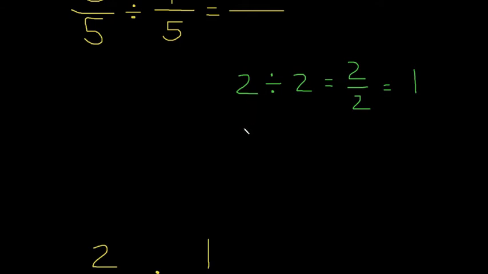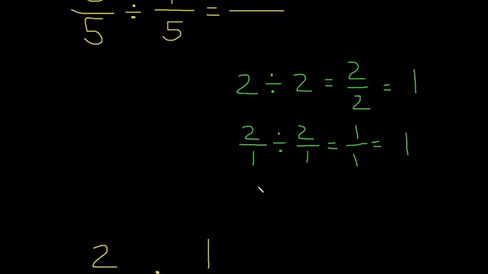But I can also say these are really like fractions, right? 2 over 1 divided by 2 over 1. Well, 2 divided by 2, you said was 1, and 1 divided by 1 would be 1, so that also equals 1.